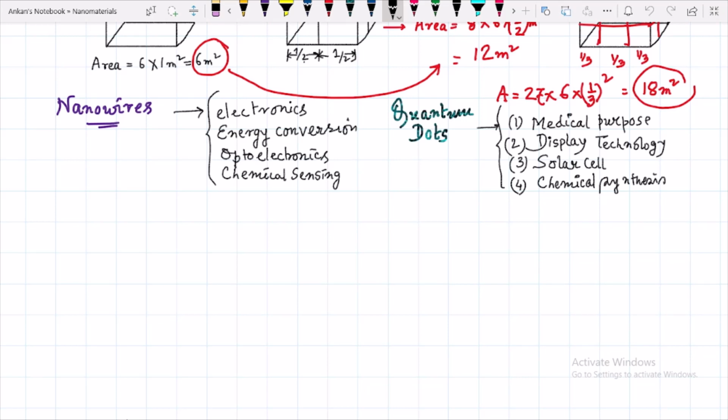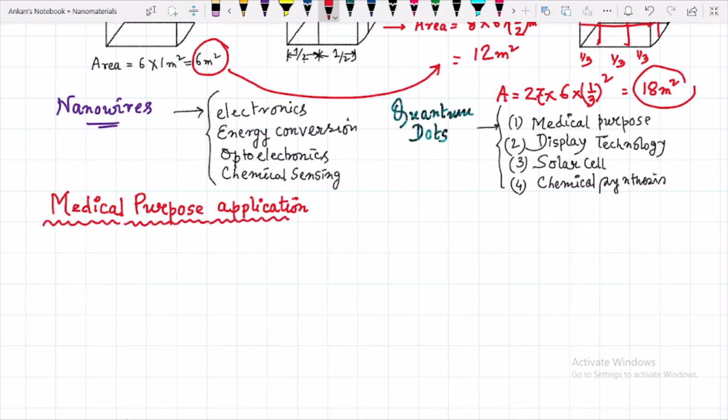Now at first I want to show you the applications of the nanoparticles for medical purposes. As the title of our article is applications of nanomaterials, we have to explain the applications in different grounds.